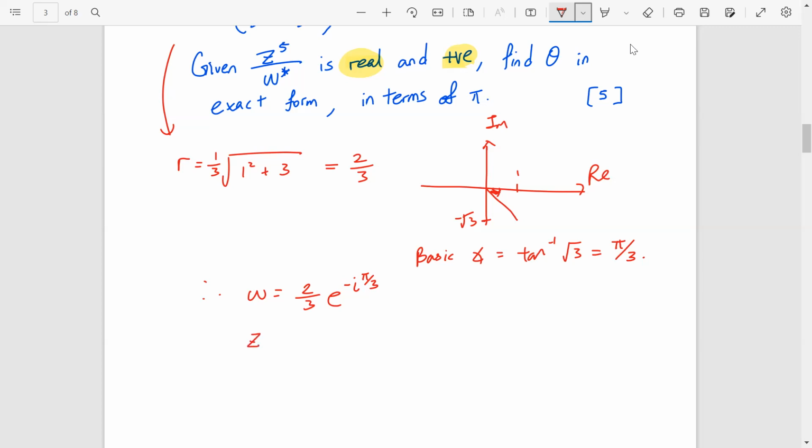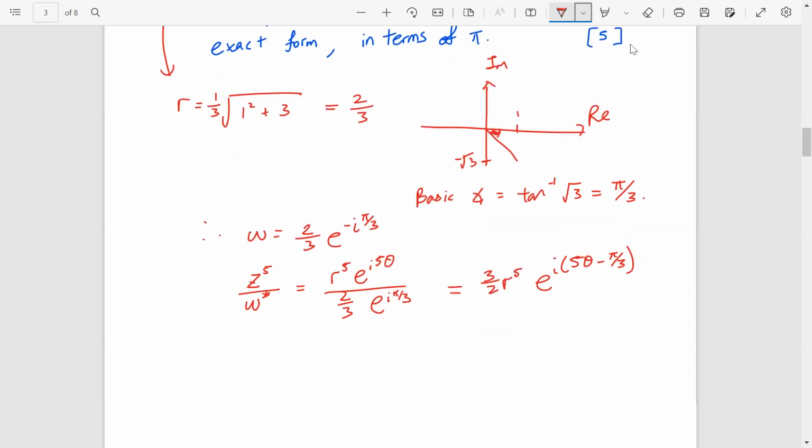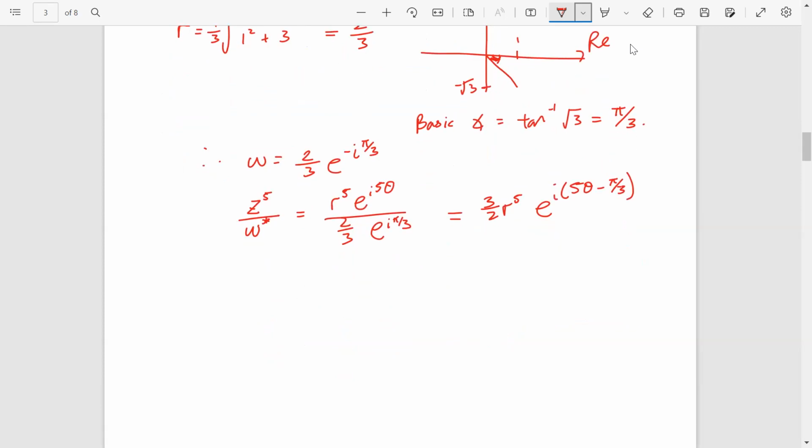So z^5 over W star equals r^5 e^(i5θ) over 2/3 e^(iπ/3), which equals 3 over 2 of r^5, this is positive, e^(i(5θ − π/3)). Okay, up to here, no problem, right?